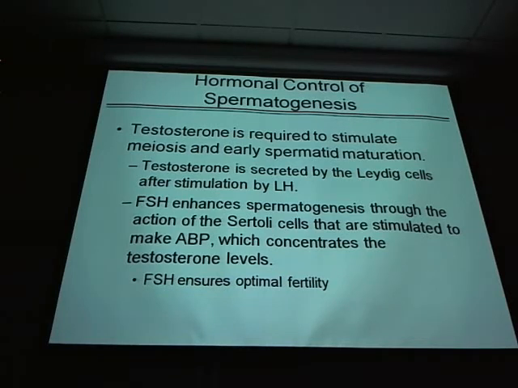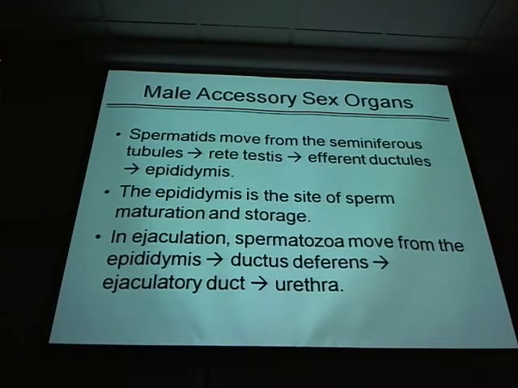FSH enhances it. Spermatids move through the seminiferous tubules to the rete testis, efferent ductules, and the epididymis. Epididymis is where they mature and store. Ejaculation, they move from the epididymis to the ductus deferens, ejaculatory duct, and the urethra.